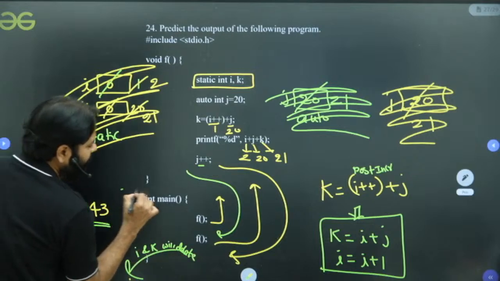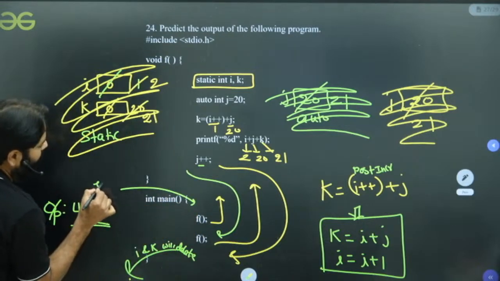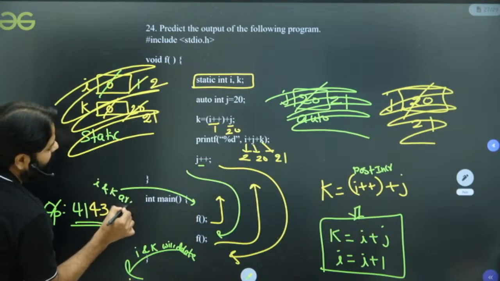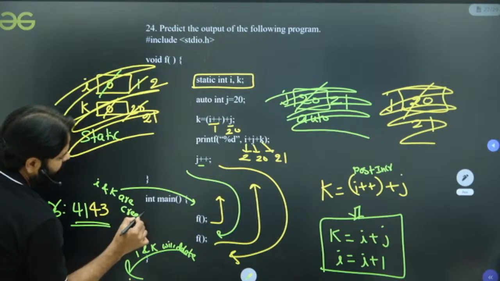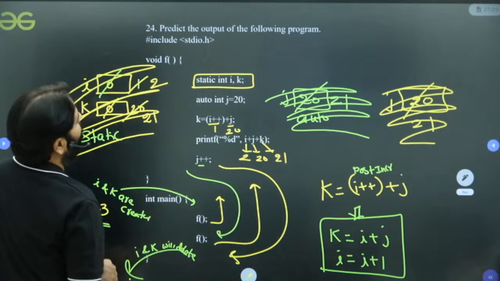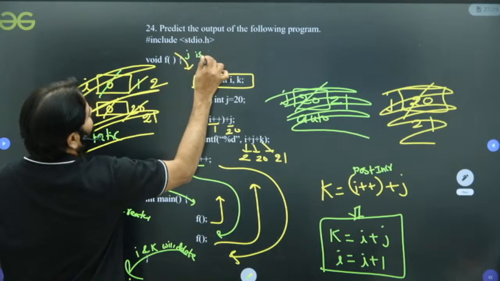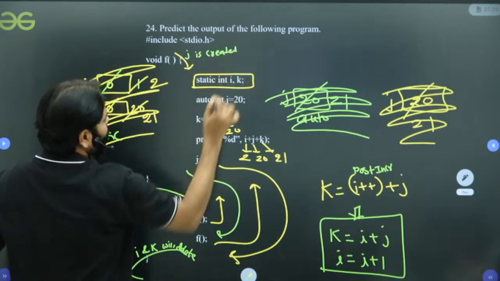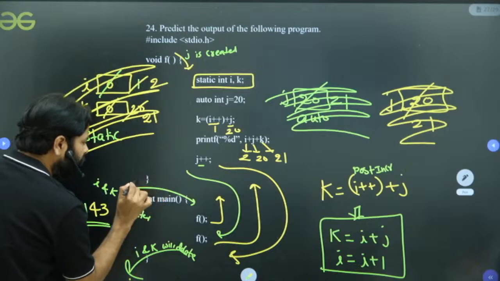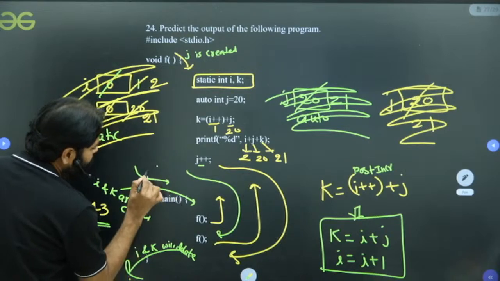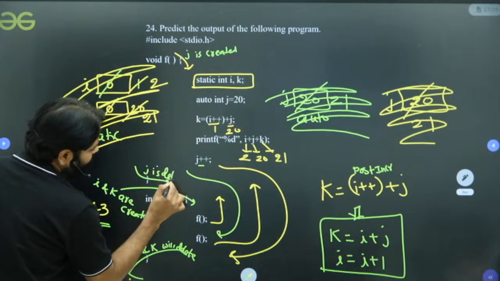And when you are entering this program, i and k are created because they are static. And when you are entering here, j is created every time. When you are going out of this, j is deleted every time.